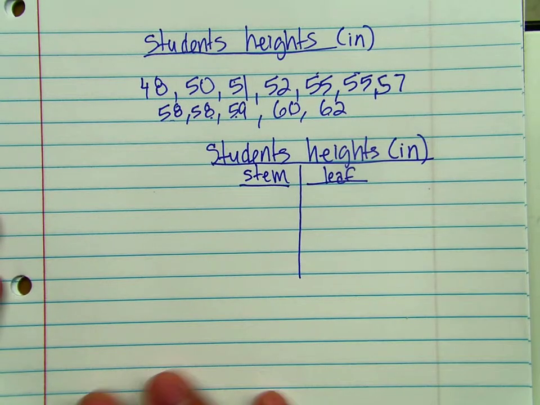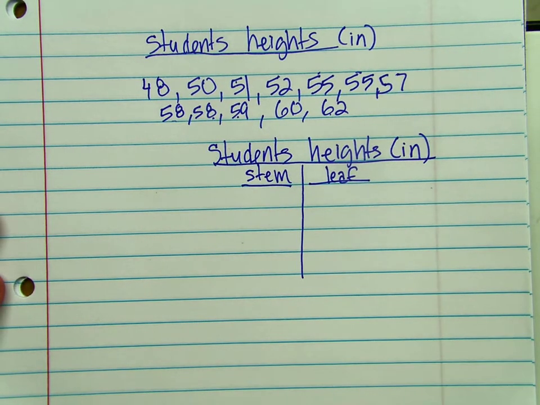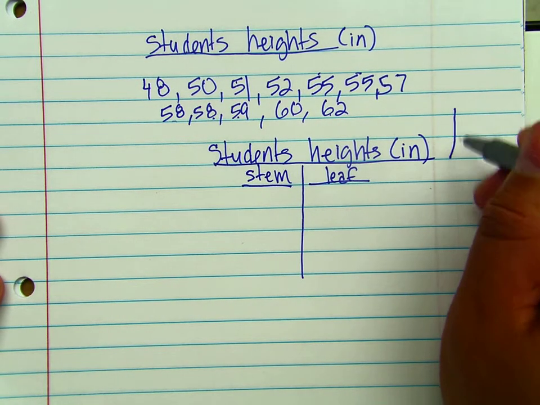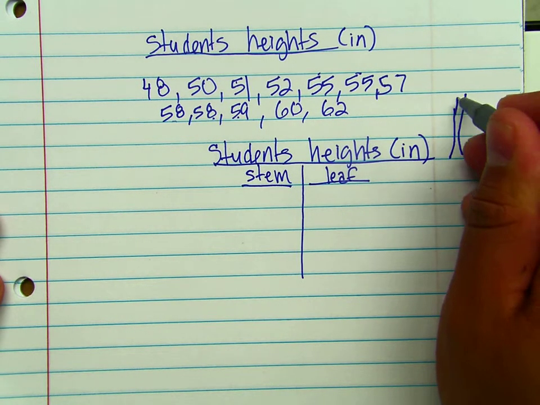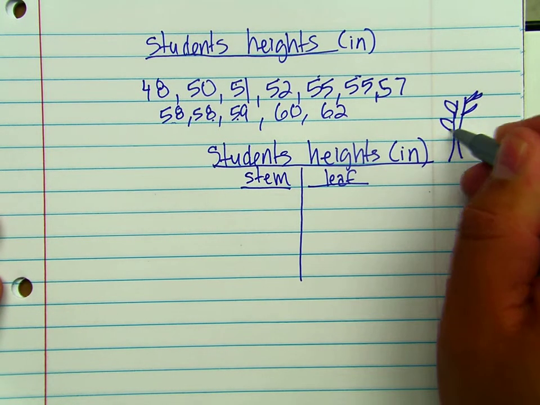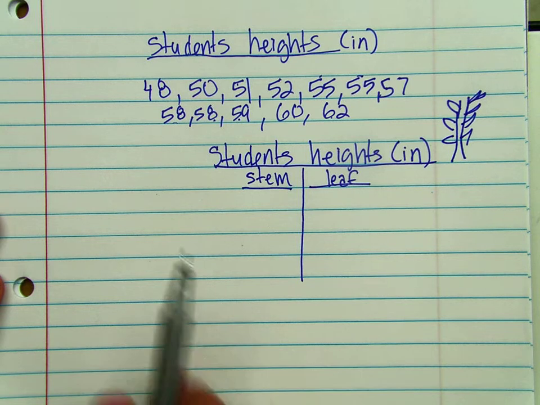So essentially we're taking the data that we have here and plugging it into our stem and leaf plot. And when we have a stem and a leaf, it's like a flower, right? Or a plant. It has a stem that goes up, and then attached to that stem are different leaves that go out. So whenever we look at the data, we're going to do the same thing.